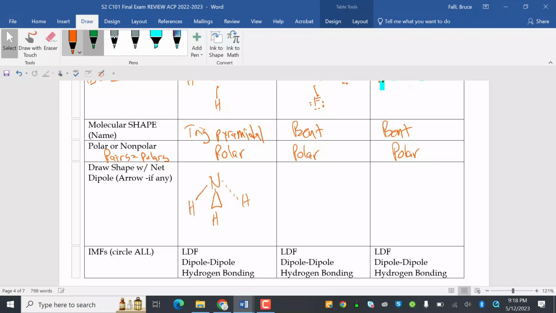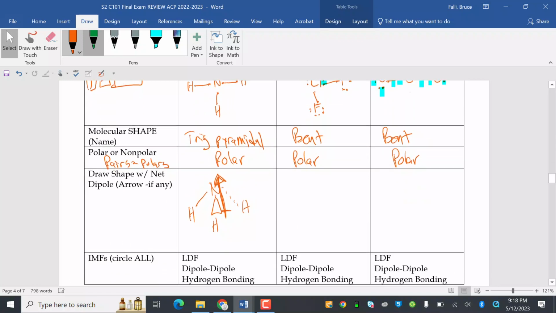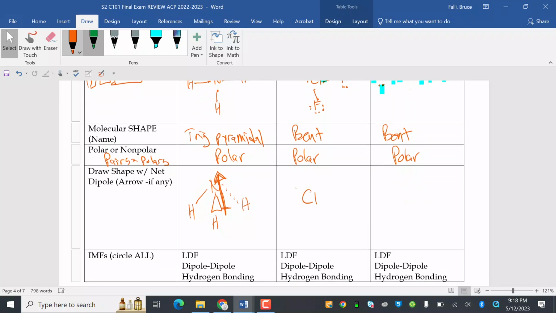Solid here. Nitrogen is more electronegative. It had the bigger number. So the net dipole is going to be, I want an arrow, from the bottom to the top. With an arrow like that. ClF2 would be Cl. That's going to be bent. F, I guess I'll put a dot here.